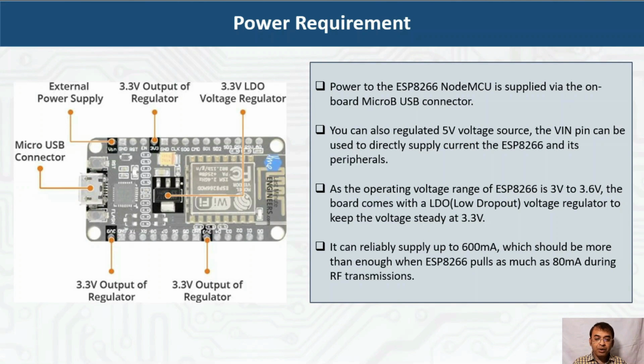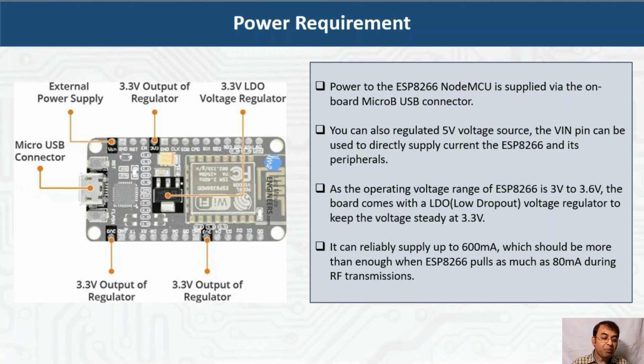These are the different power requirements. Power to the ESP8266 NodeMCU is supplied via the onboard micro USB connector type B. You can also regulate a 5-volt voltage source.